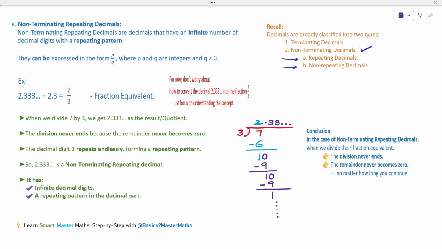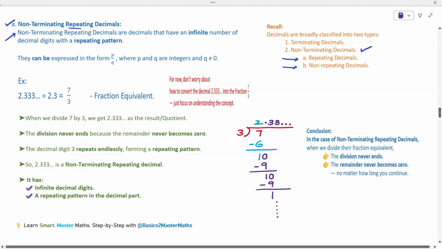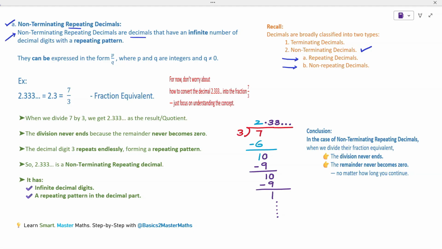First one, non-terminating repeating decimals. The definition says non-terminating repeating decimals are decimals that have an infinite number of decimal digits with a repeating pattern. Got it?